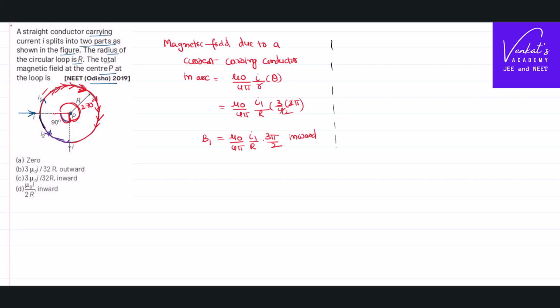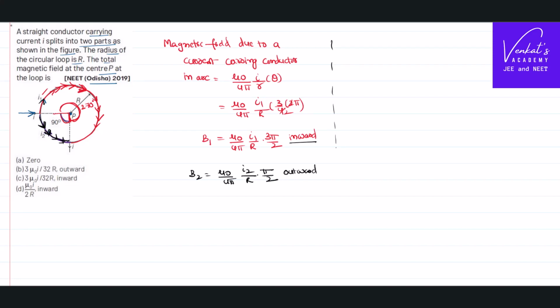Due to this part, we can write B2 as mu naught by 4 pi, I2 by r, and that theta is pi by 2. Look at the direction again. You curl your right hand fingers in the direction of the current, and you notice that your thumb is outward. So for the upper current I1 the field is inward, into the paper, and for I2 it is outward, out of the paper.